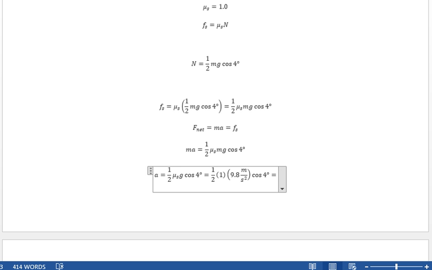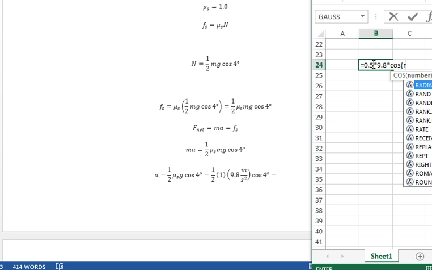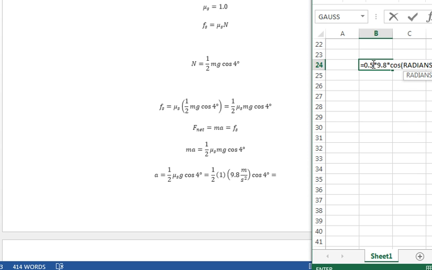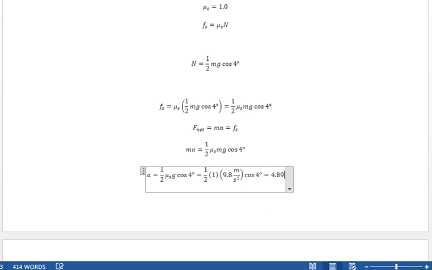Pop over to Excel: equals 0.5 times 9.8 times cosine of radians of 4 degrees. So 4.88 or 4.89 meters per second squared.